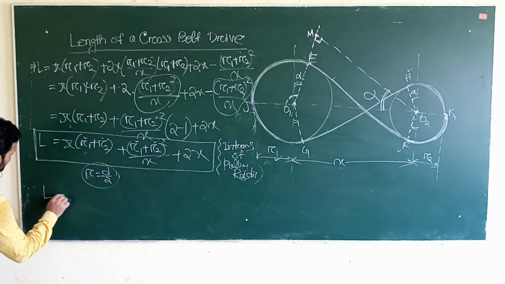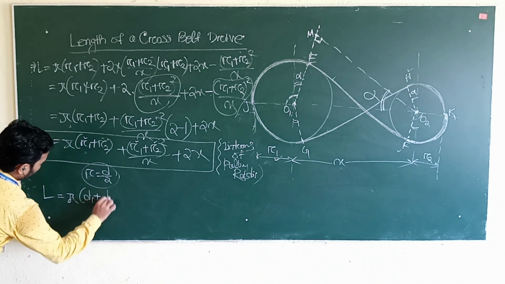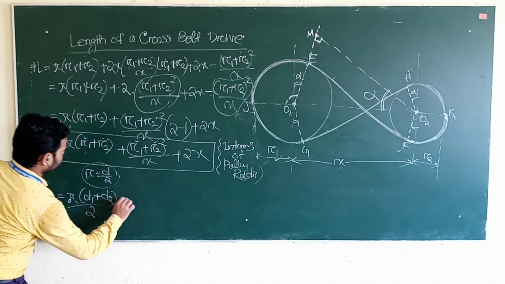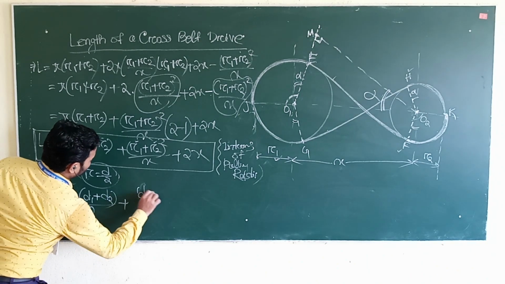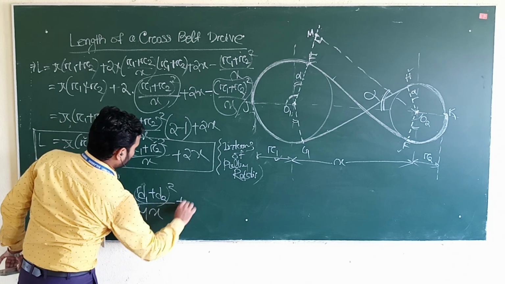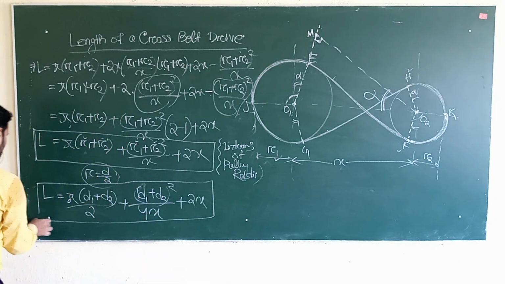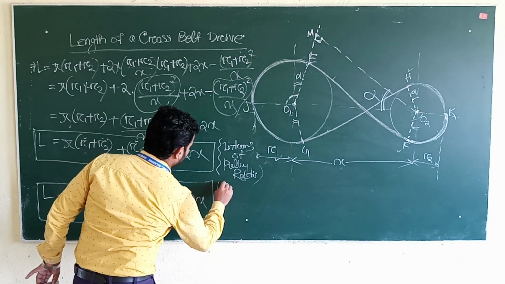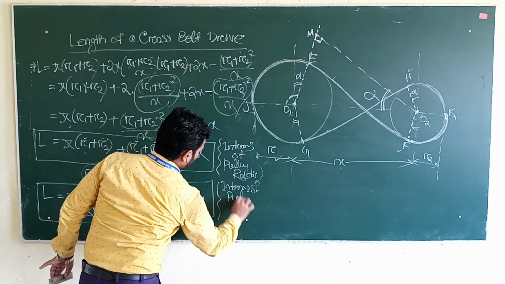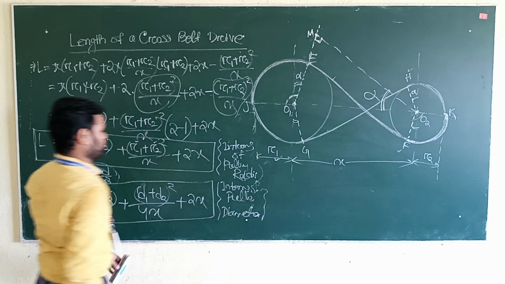L equal to pi into (d1 plus d2) divided by 2 plus (d1 plus d2) square by 4x plus 2x. This is the required equation in terms of pulley diameter.